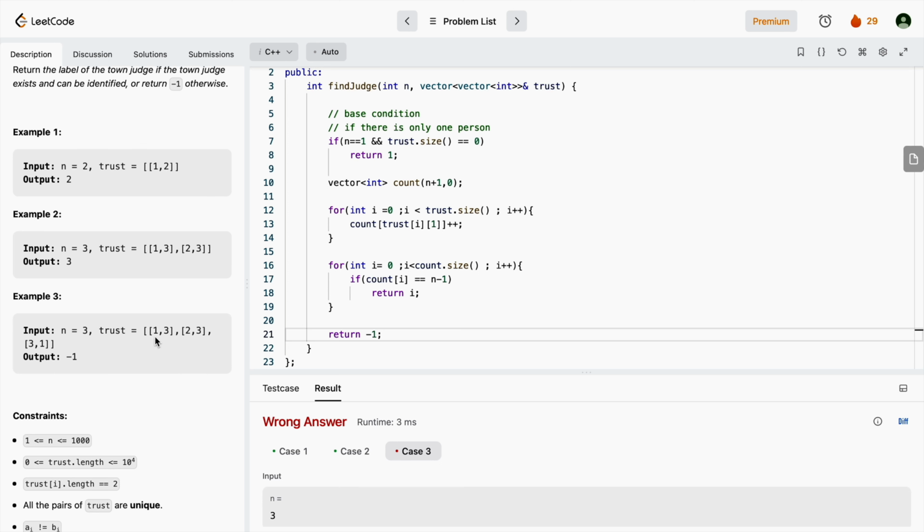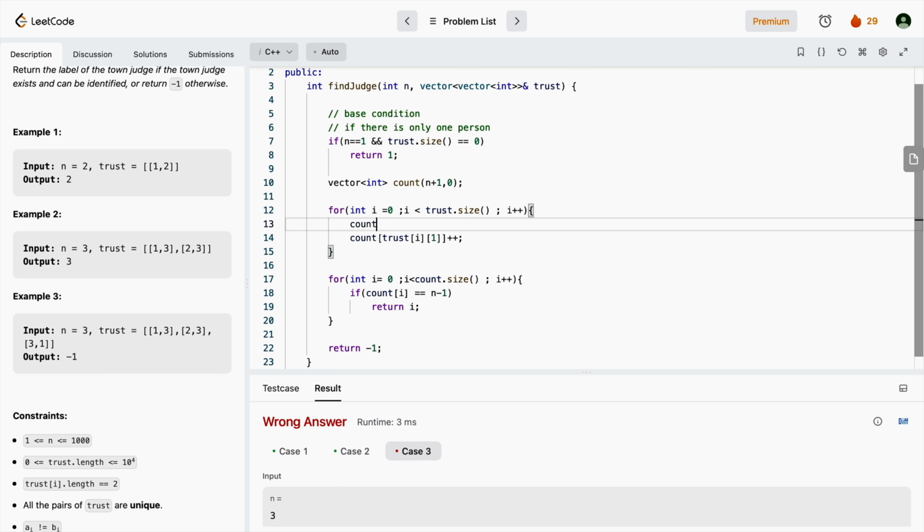If any person is trusting anyone, I will decrement their trust count, like count of trust[i][0] minus minus. If this third person wouldn't have come on the left side, my answer was right. It works for the second case, but it's not working for the third case, because I have to decrement since he's trusting someone.